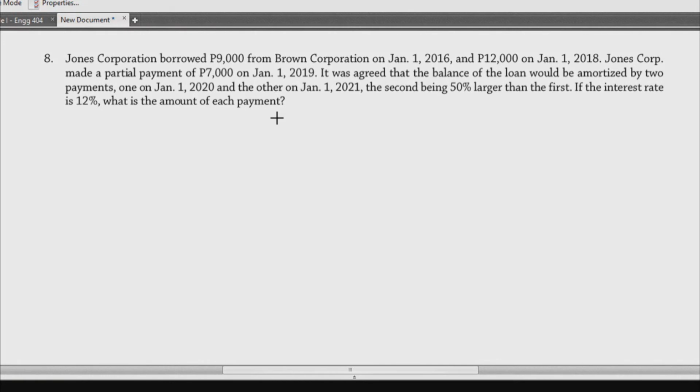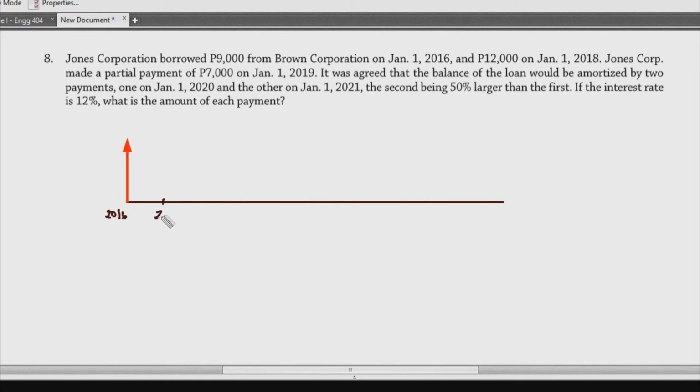Now, we start analyzing this problem by drawing a cash flow diagram. Okay? And then, yung ating initial would be the 2016 and then nagborrow siya ng 9,000. So basically pataas yung ating arrow dyan. So we have here 2016.